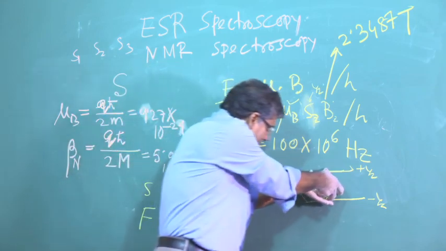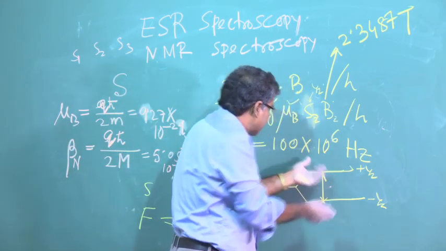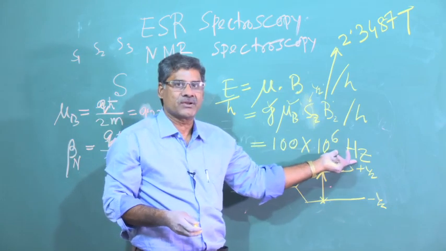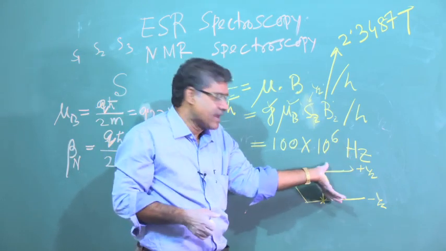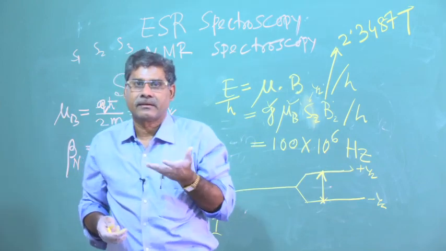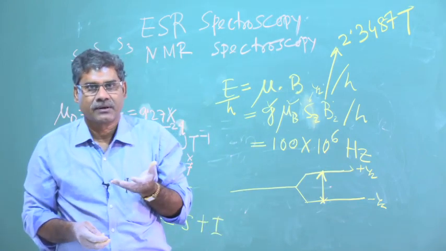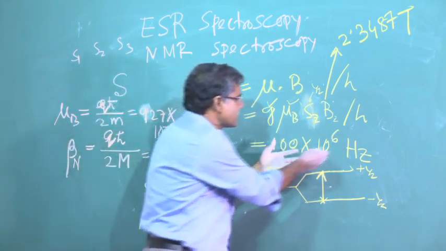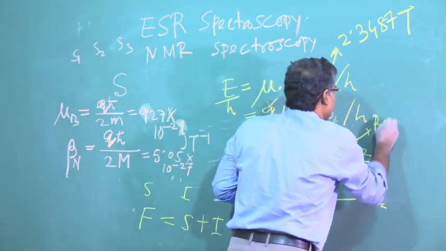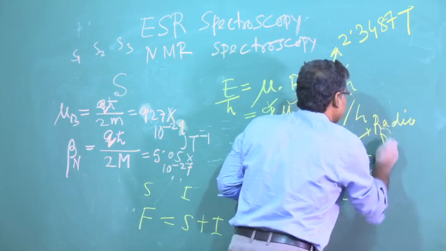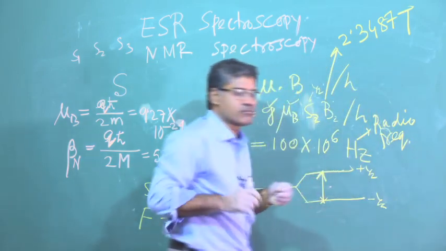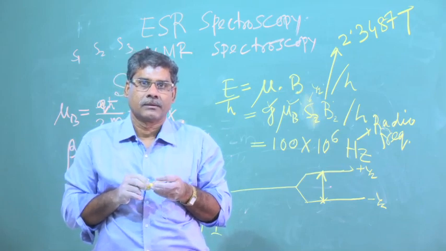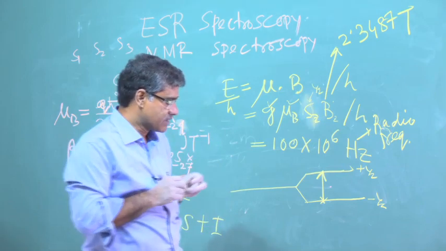So, this energy difference and the corresponding frequency is 100 megahertz. So, this splitting will be in the megahertz range. This is basically the radio frequency range.